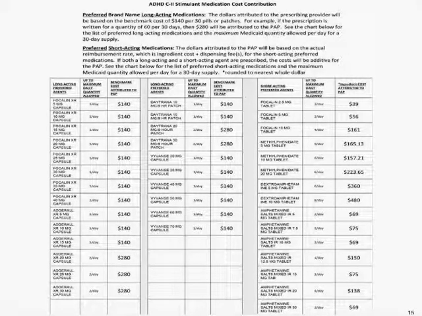If you look on the right-hand column, those are short-acting preferred agents, and those are billed at the actual cost, which you can see there. For the majority of patients, and I know there's discussion about this and sometimes disagreement, hopefully a long-acting psychostimulant would be sufficient to help them get through the day and into the evening hours.